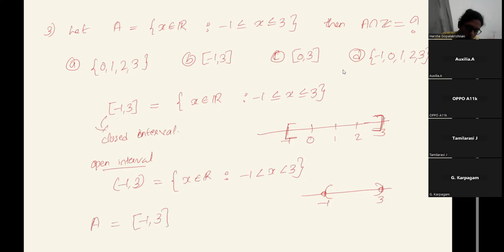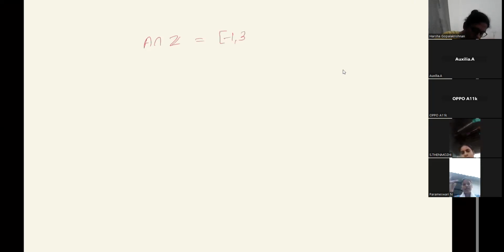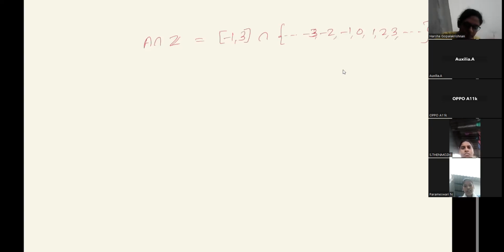We need to take A with Z, intersection of A with Z. A intersection Z, which is equal to closed [-1, 3] intersection set of all ..., -3, -2, -1, 0, 1, 2, 3, etc. Okay, set of all integers I am taking.